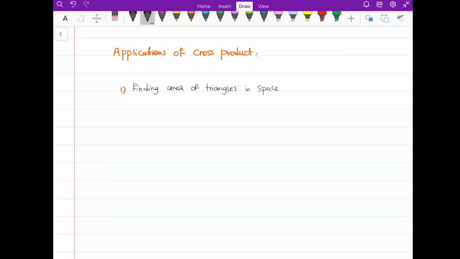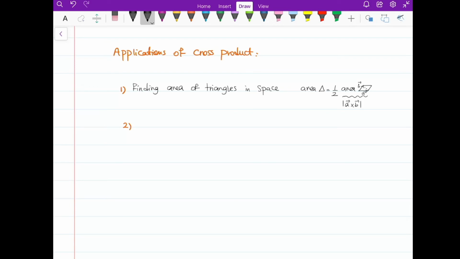How? It's just because the area of a triangle is actually half of the area of the parallelogram. This is half of that, and the area here would be the length of A cross B, if this is A, this is B. So that's why we can use the cross product to find the area of triangles.